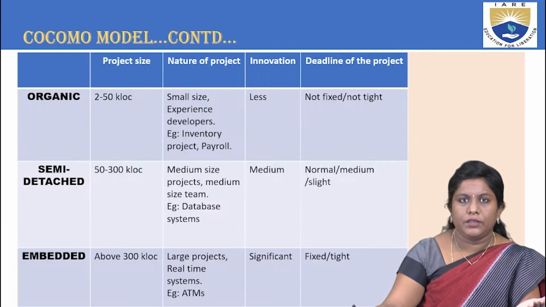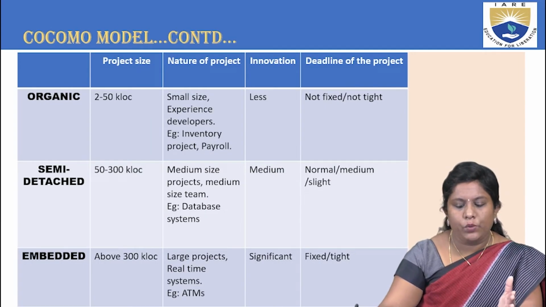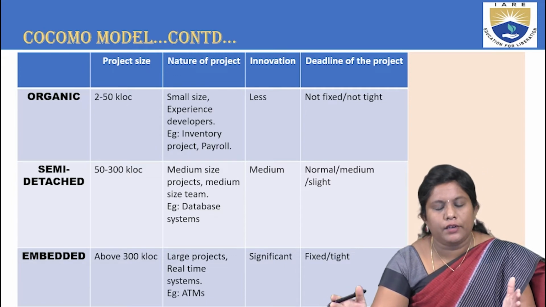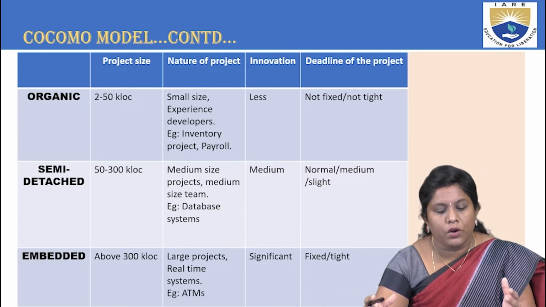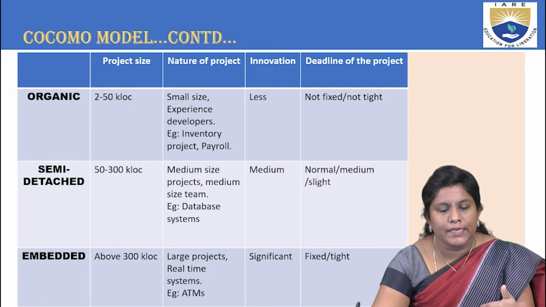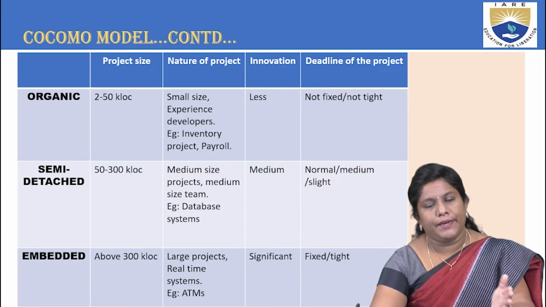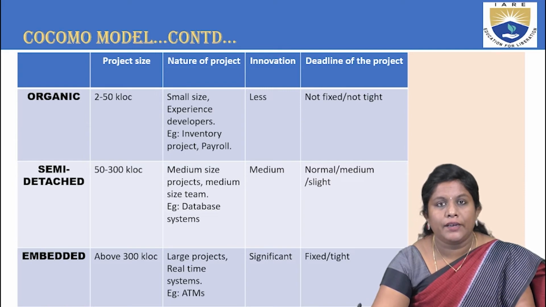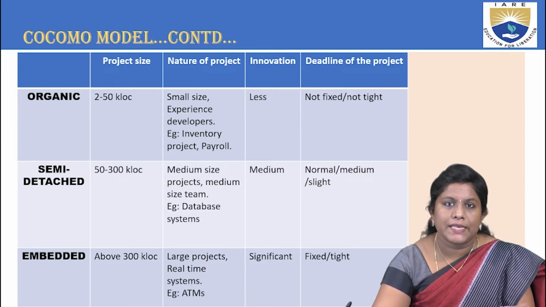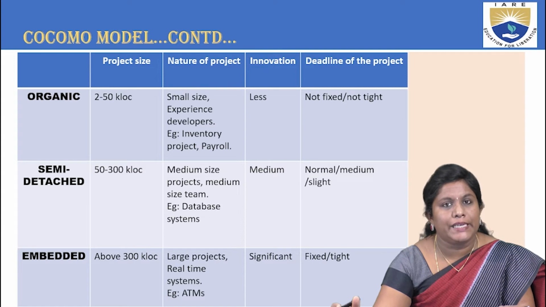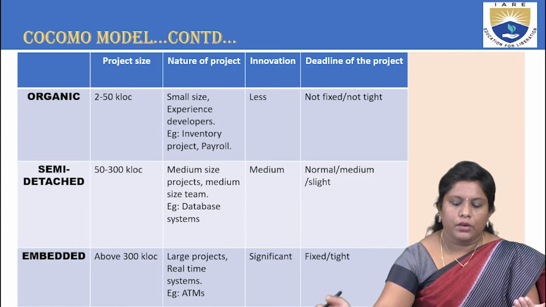Moving further, let us see what exactly this Cocomo model focuses on, its different modes: what is organic, what is semi-detached, and what is embedded. These are the three classes under each category, let it be basic, intermediate, or detailed. These three have their own purpose.